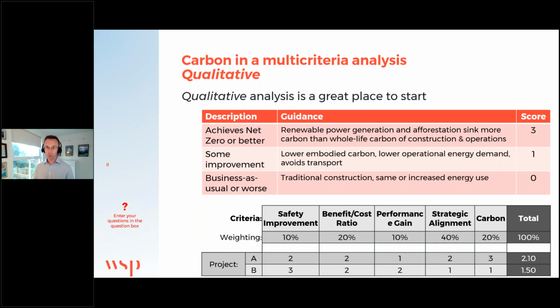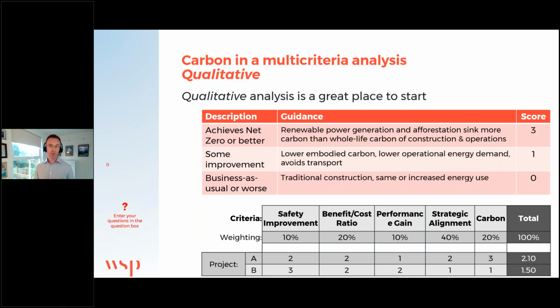When we're looking at carbon, the worst is business as usual, or maybe even worse than business as usual. If a project has been evaluated against this criteria, and it meets that description of traditional construction, with the resulting energy use the same or even increased compared to business as usual or a traditional design, then we're going to give that project 0 on this category.